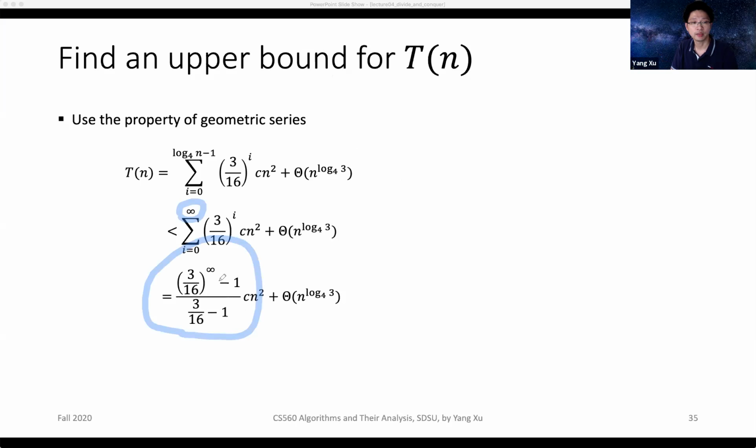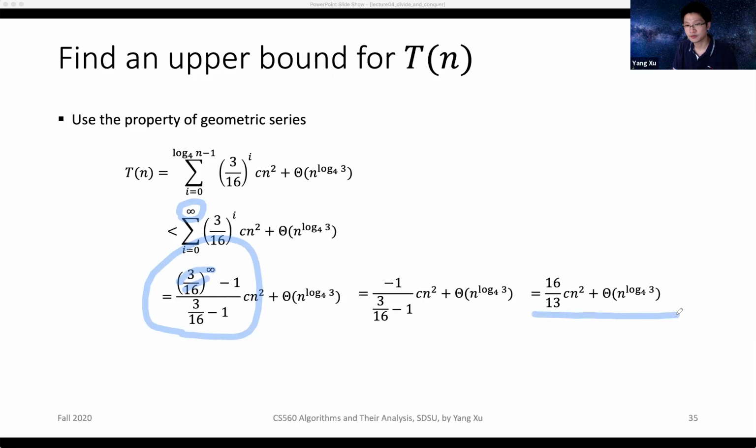When the exponential term approaches infinity, this one becomes 0. With some simplification, we know that T of n is bounded by this function, which is a quadratic function plus a lower order polynomial function.